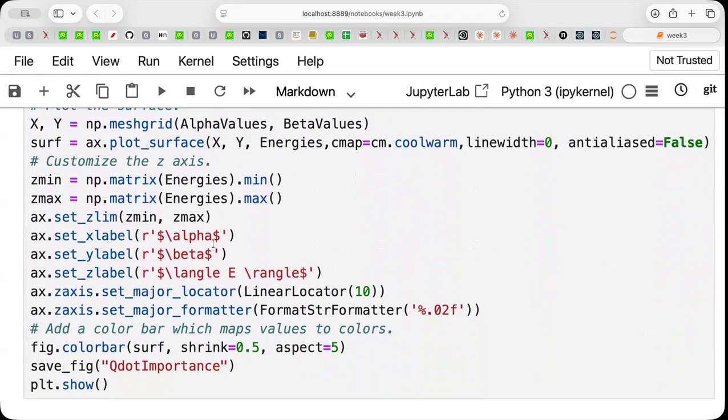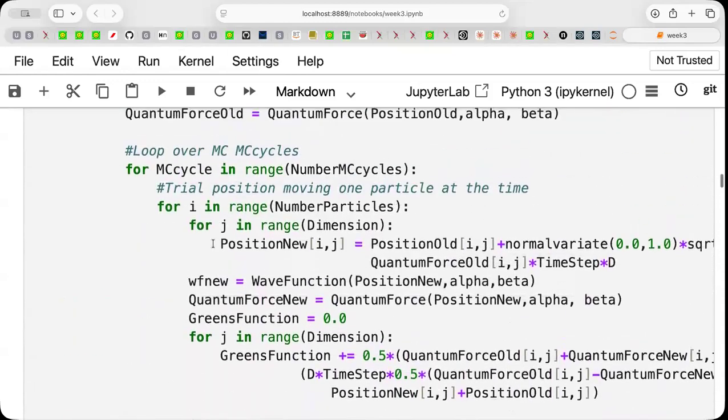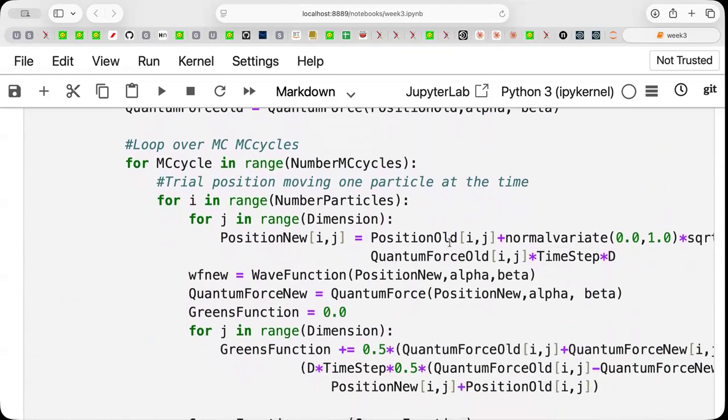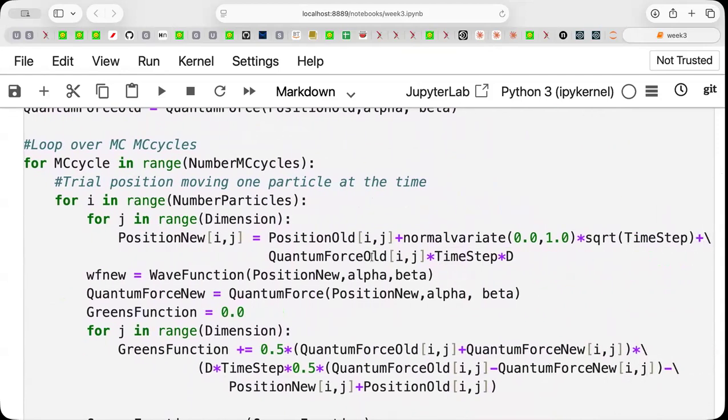But the essence is that we have a Monte Carlo sampling now, which requires an additional element, and that is the calculation of this quantum force. And I have another way to initialize the positions and another way to update the positions, which now follow the wave function. So this is the way we would implement importance sampling.